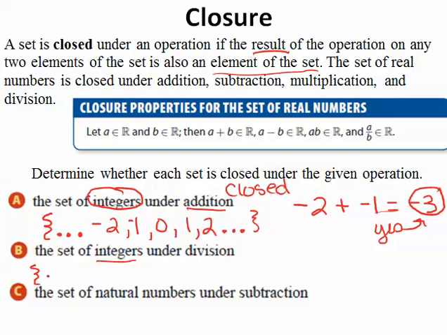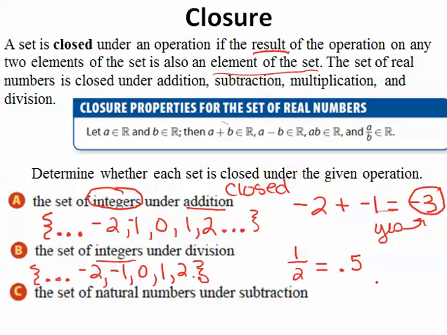Now, let's look at integers under division. Same thing. I'm just taking a little sample. Doesn't have to be these particular numbers. So let's pick any two numbers. How about 1 divided by 2? Oh, well that's 0.5. Is that an integer? Is my answer, my result, an integer?